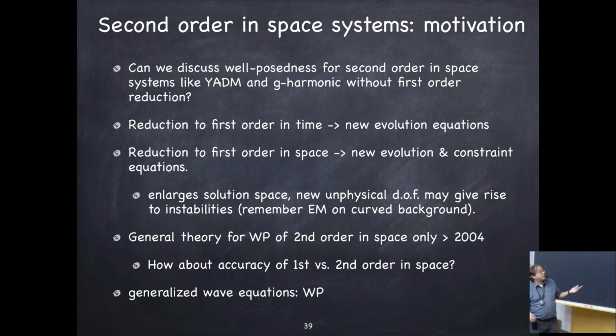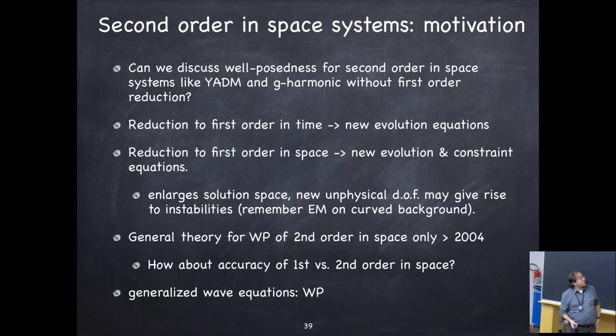So this is not a first order symmetric hyperbolic system, and all this theory doesn't apply. But as we have already seen for the wave equation, if you make it completely first order, you get lots of extra equations. They may become unstable. Maybe you want things in a more compact way. Maybe we want to keep a formulation which is first order in time, second order in space. But it's not covered by the theory which we have so far.